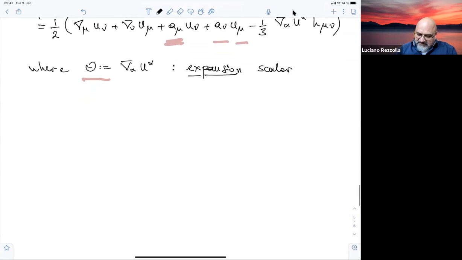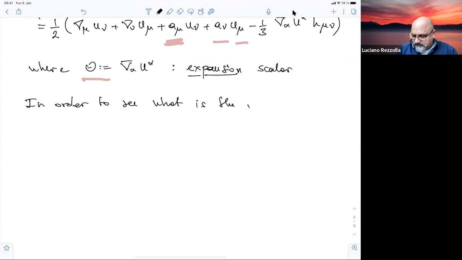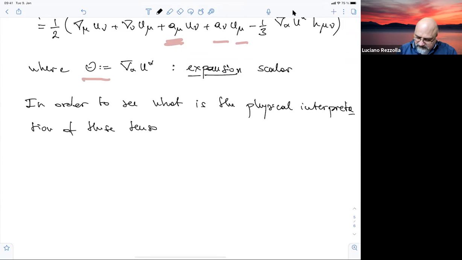So in order to see what is the physical interpretation of these tensors, let's consider a fluid element as represented by an ellipsoid.